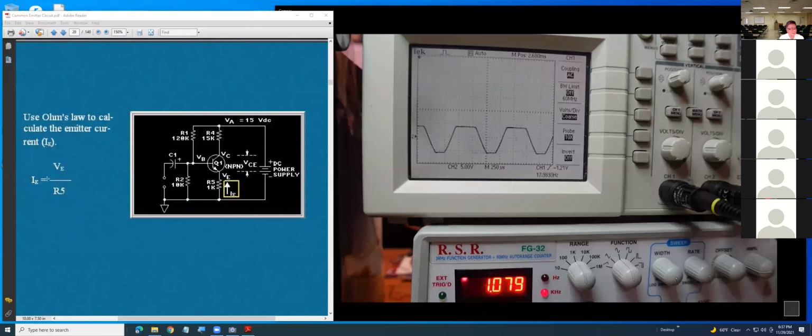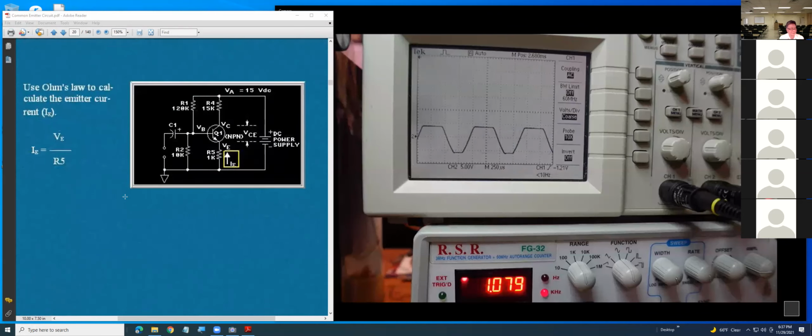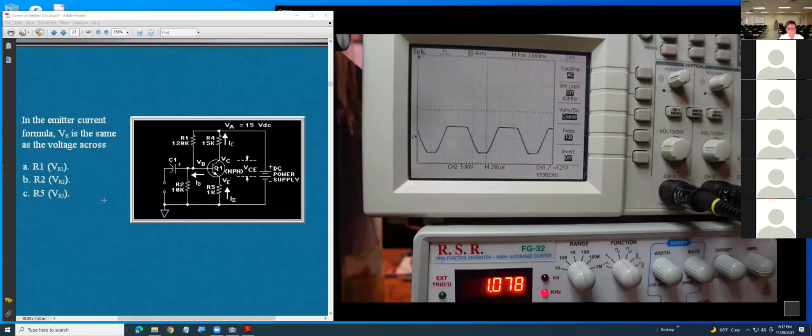Current IE, you take VE divided by R5. Okay, that's just a question.